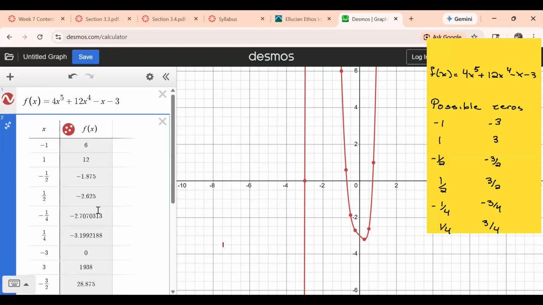So if we start from the top, we see that neither of these, let me get a different color here, so this doesn't equal 0. So remember, if this equals 0, we have a zero. I'll write this over here.